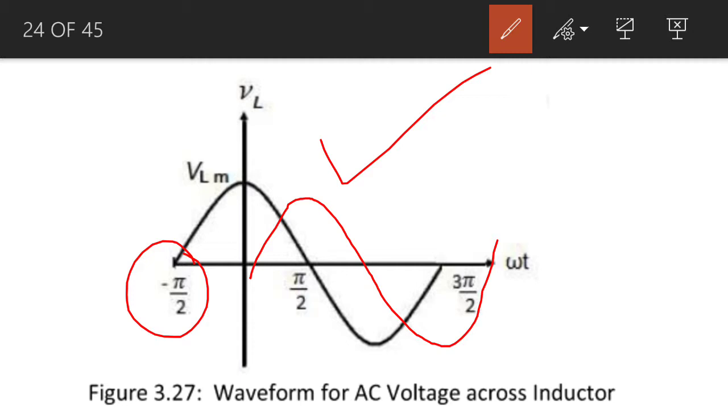So if this is the waveform for the AC current, you can see that the waveform for the voltage across the inductor leads the current by 90 degrees. So voltage across the inductor leads the current by 90 degrees. In other words, the current in an inductor lags behind the voltage by 90 degrees.